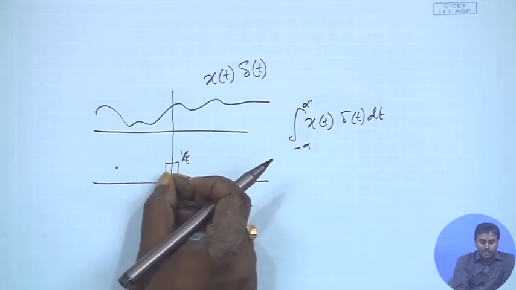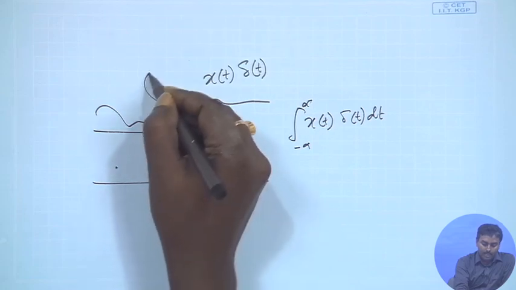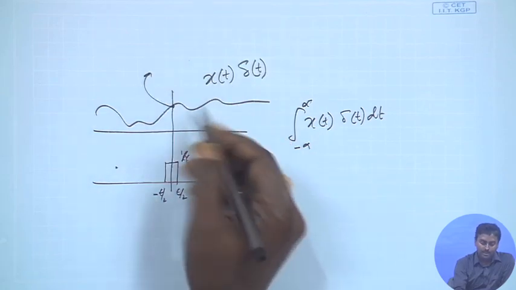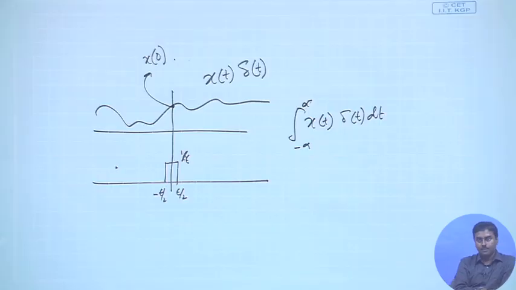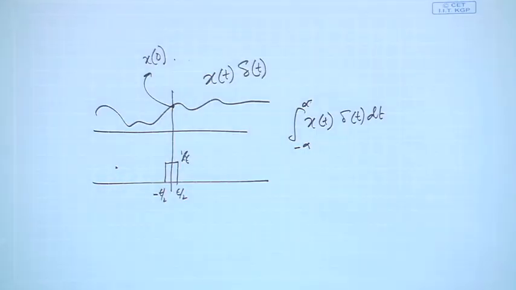As epsilon becomes 0, this function at x0 has some value. If epsilon is infinitesimally small, then x around x0 will almost not be varying, as long as it is a band limited signal.